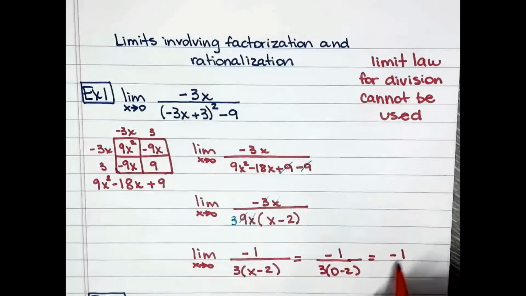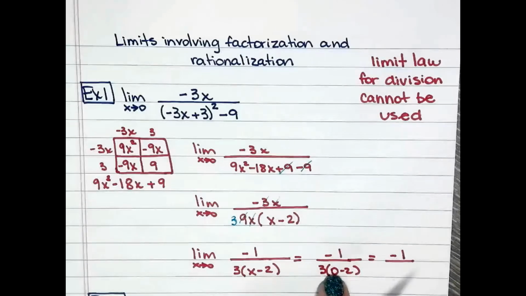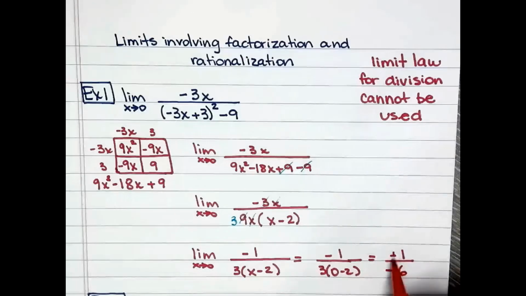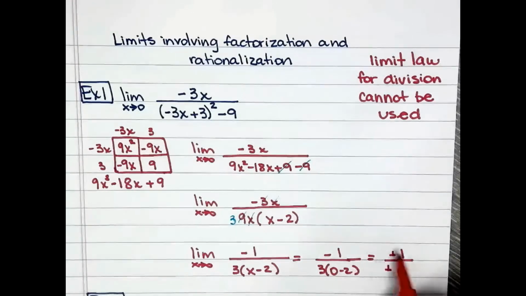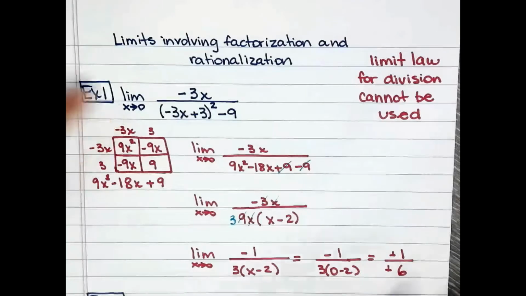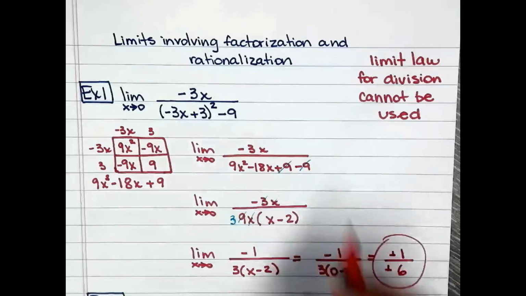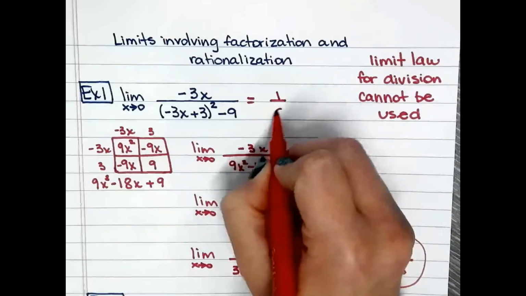I have negative 1 for the numerator. 3 times 0 is 0, minus 3 times 2, I have 6. 2 negatives make a positive. So therefore, the limit as x approaches 0 of this function boils down to 1 over 6.